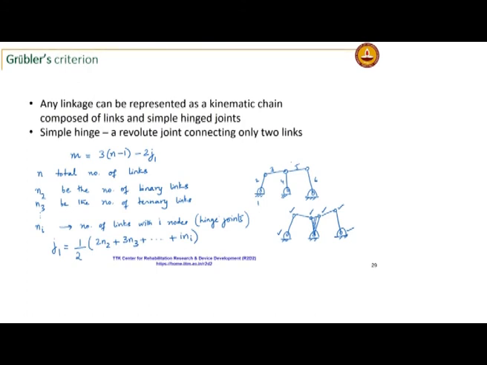So, when I count the joints, this will be the total number of joints. Now, n equals n2 + n3 + ... + ni, and I have j1 equal to half of (2n2 + 3n3 + ... + i ni).